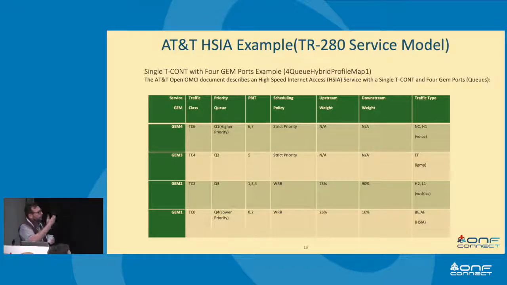So an example of a technology profile being applied. This is AT&T's high-speed internet service example. So in this model, I have a TCON with 4 GEM ports, and each GEM is a certain traffic class, and the priority queue defines the priority of that particular GEM port, and the p-bit assignment is defined there.